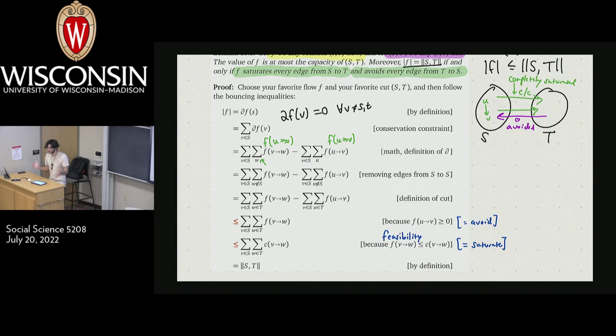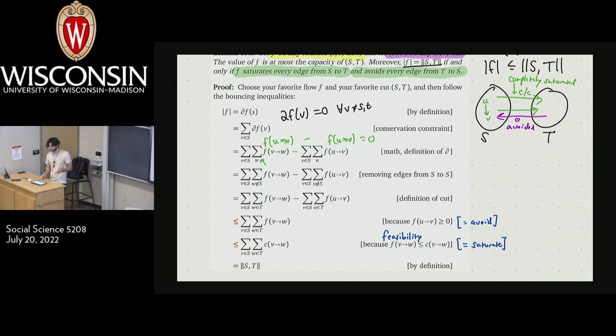And so when you take the difference of them, it's just 0. So all of those get zeroed out, and so we can essentially ignore any vertices that are in S for the second sum.